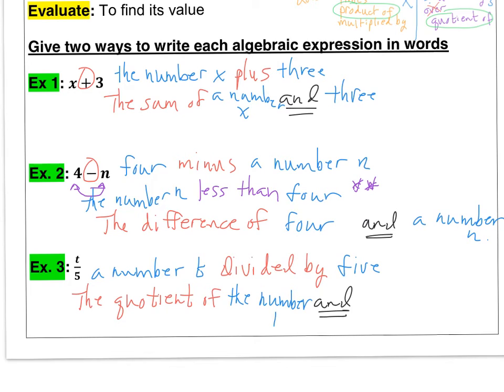Again, I'm running out of room, so the number t and 5. So that's really it as far as converting from algebra into English words. It's more of a matter of you have to practice and ask questions and just get out there and do it. So let's look at the next page.